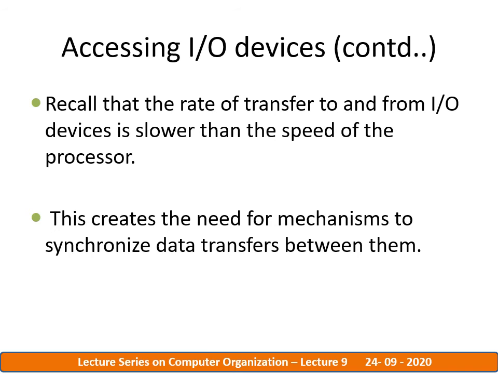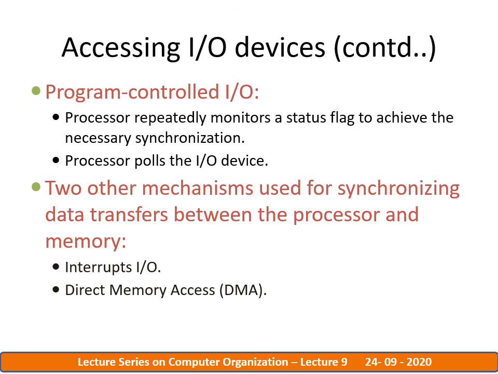The rate of transfer to and from I/O devices is slower than the speed of a processor. To create synchronization between these systems, they have used mechanisms called program-controlled I/O, interrupt I/O and direct memory access.